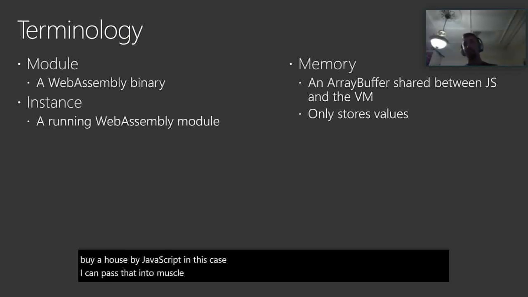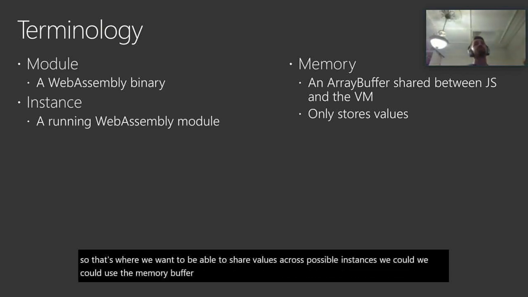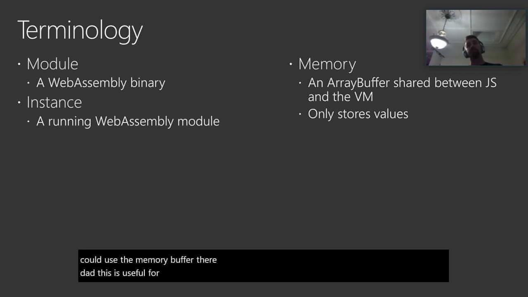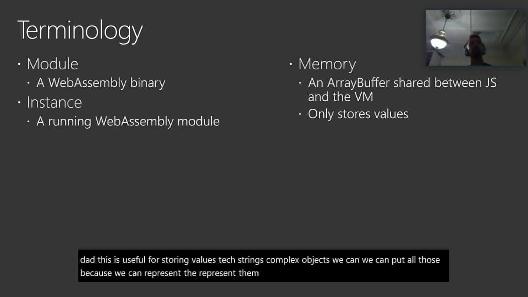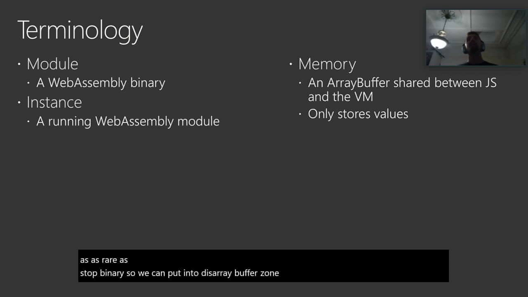So if we wanted to be able to share values across multiple instances, we could use the memory buffer there. Now, this is useful for storing values. So strings, complex objects, we can put all of those because we can represent them as bytes that we can put into this array buffer. So that's how we can put more complex data structures than just ints and floats and stuff like that.